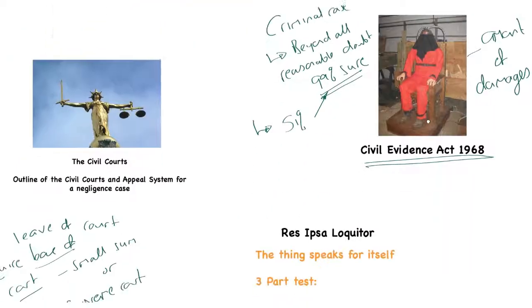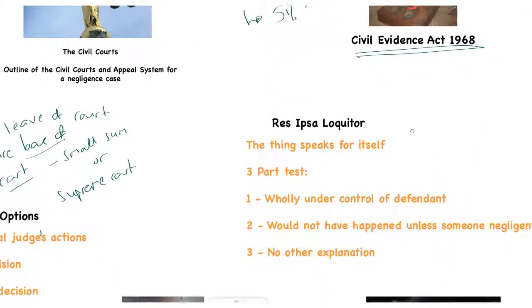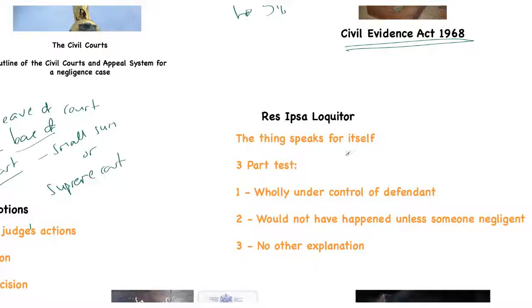The second element is something called res ipsa loquitur. And what that means is the thing speaks for itself. The accident causing the damage would not have happened unless someone had been negligent and the thing causing the accident was wholly under the control of the defendant.